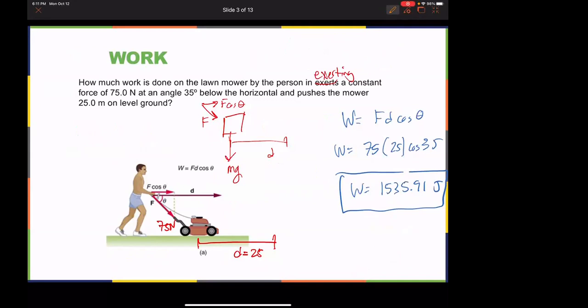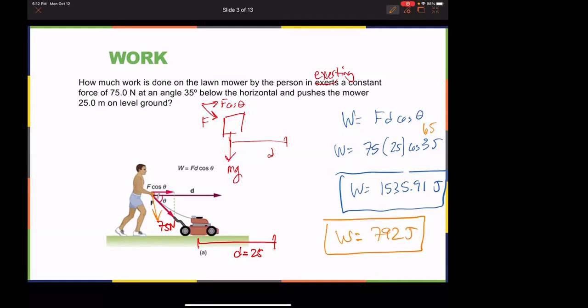Now we can see if we increase the angle to 65 degrees, if he's pushing at a steeper angle here, the work is going to change. So if we go to a 65-degree angle at that same amount of force, now we only get 792 joules.